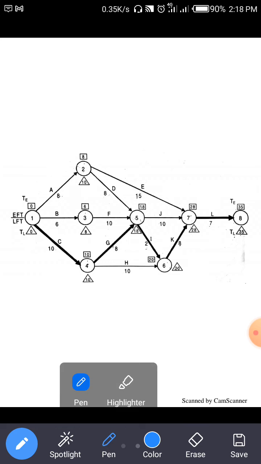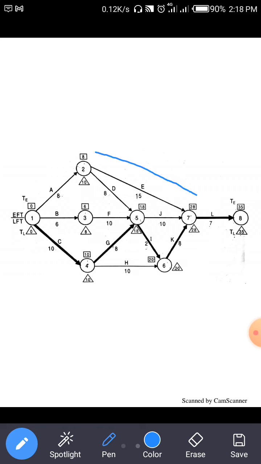Then for node number 7, three arrows are merged: 2 to 7, 5 to 7 and 6 to 7. Clear? So 2 to 7, 8 plus 15 is 23. Then 18 plus 10 for the 5 to 7 arrow.